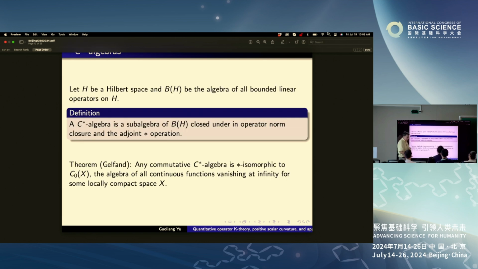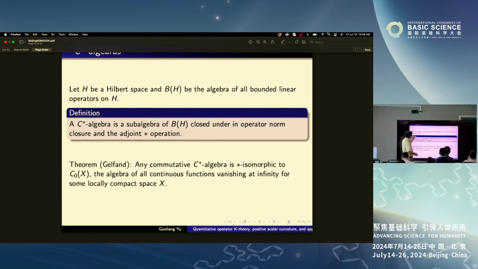Just like in Yasso's talk, the algebras we are interested in are called C-star algebras. The simplest definition, like in Yasso's talk: we start with a Hilbert space and look at the algebra of all bounded linear operators.